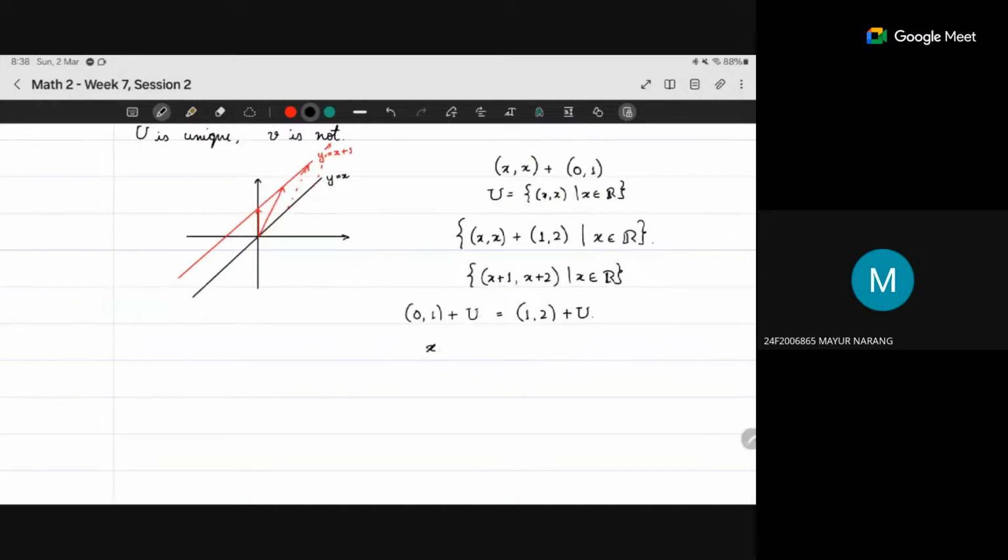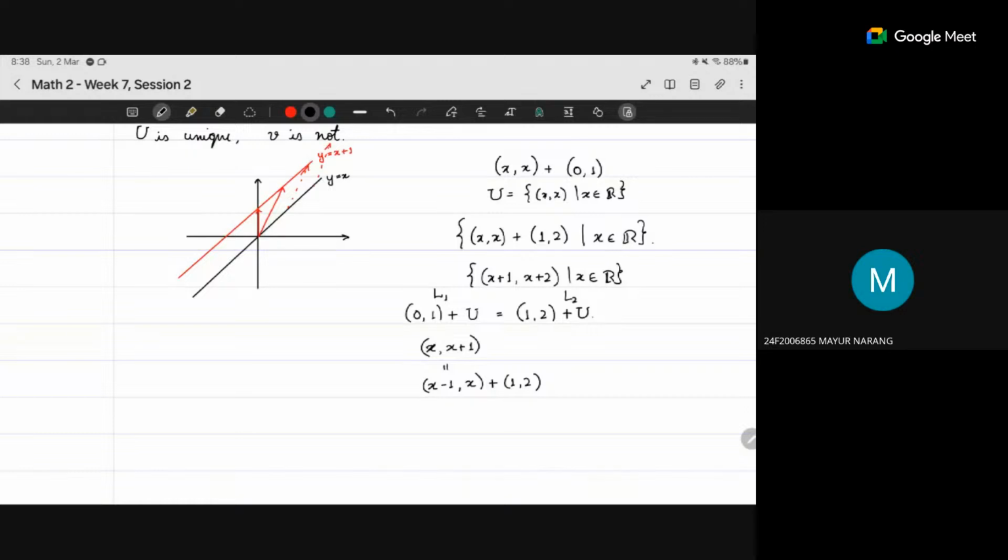Any element of the form (0, 1) plus u is something like (x, x plus 1). That I can write as (x minus 1, x) plus (1, 2). So let me call this set L1 and this L2.